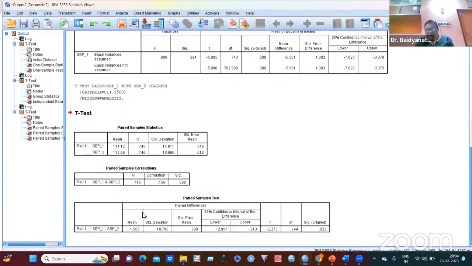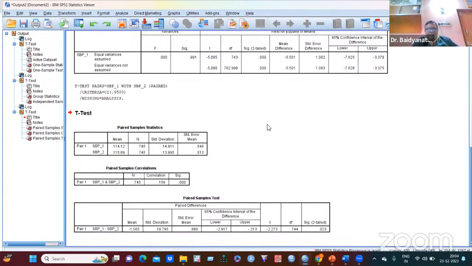This is also significant because this is less than 0.05. So we can say this is a significant difference at the level of 2.3%. So both means of the both measurements differ significantly, at the 1% to 5% level of significance.